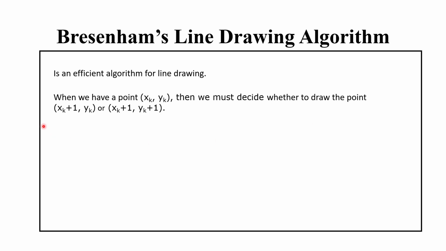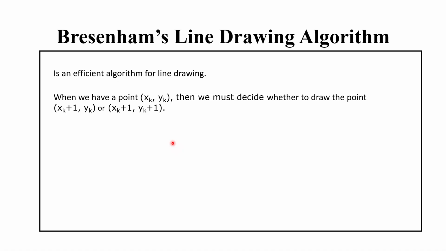So we will always have the x coordinate incremented by 1, so always xk plus 1, whereas for the y coordinate alone, we need to make some decision whether to choose yk or yk plus 1. So this decision has to be made.